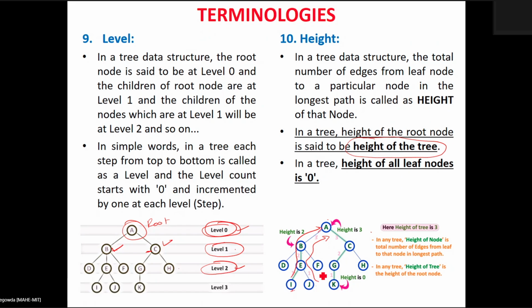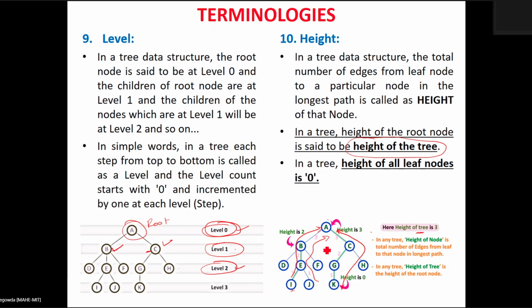Through J we can reach A through E and B. Similarly through K we can reach A in this direction. In all we have 3 different longest paths here, so in this case the height of the tree is 3.